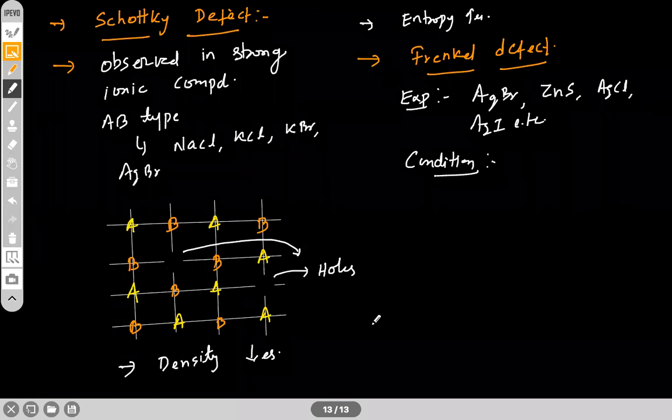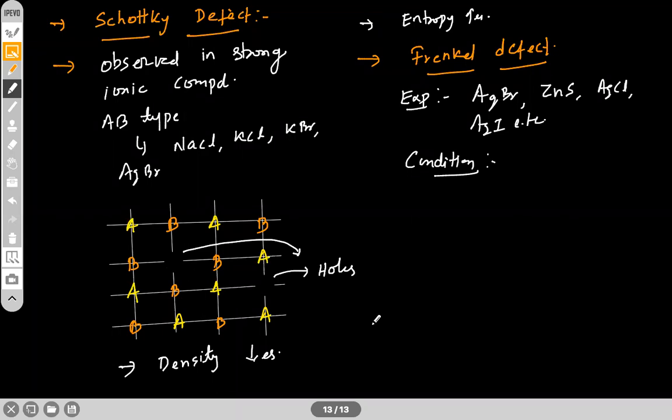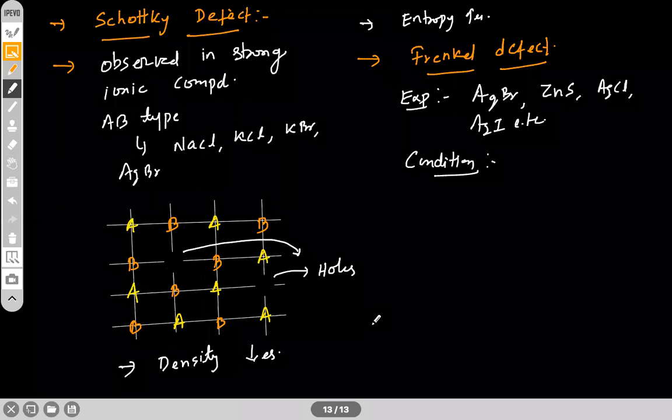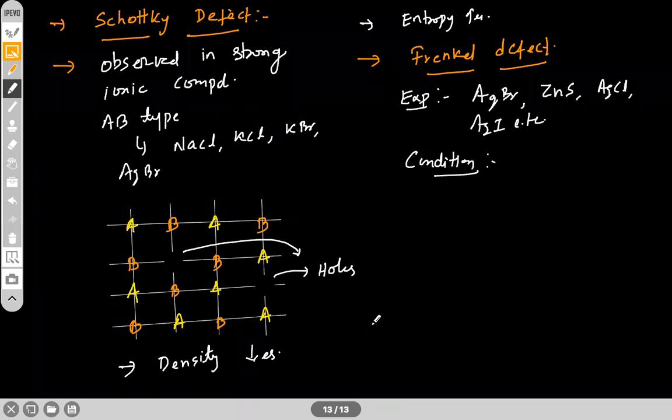These are the two conditions we have. Next point, it is not observed in alkali metal halides.